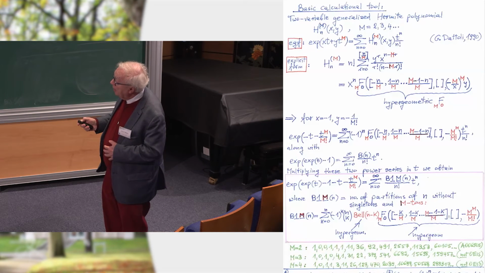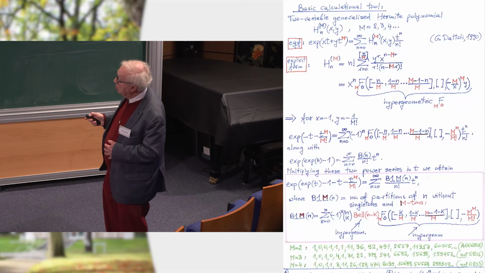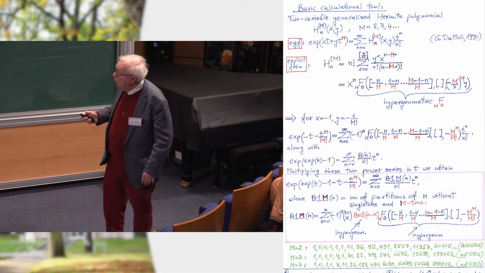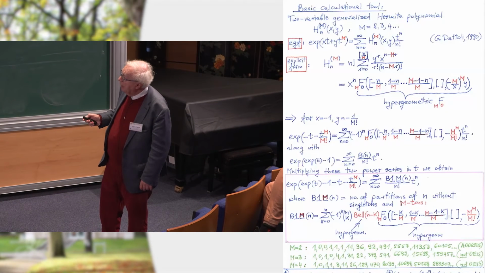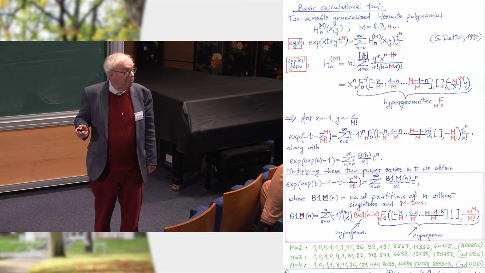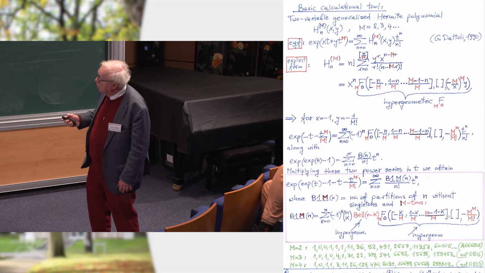And finally, the appropriate generalized Bell numbers of restricted partitions will have this form. And now look at this form. Here we have Bell numbers, which again are in hypergeometric form, and you have this hypergeometric form F m 0.